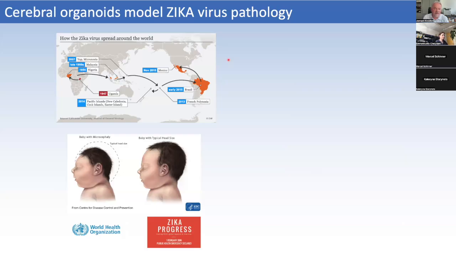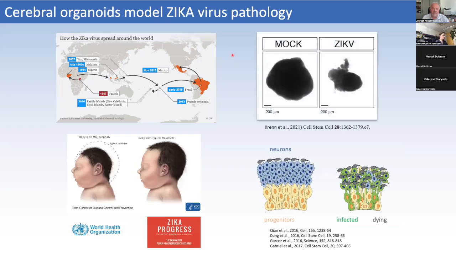And so Guo Liming and Hong Jung Song teamed up and used our organoid methodology to model Zika virus infection. And this is a normal organoid, and this is an organoid that's infected with the Zika virus. And what you can see is that it is much smaller.